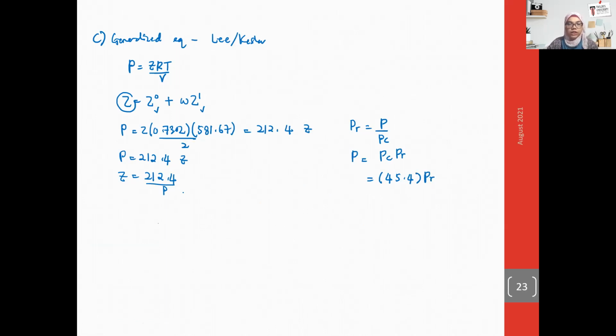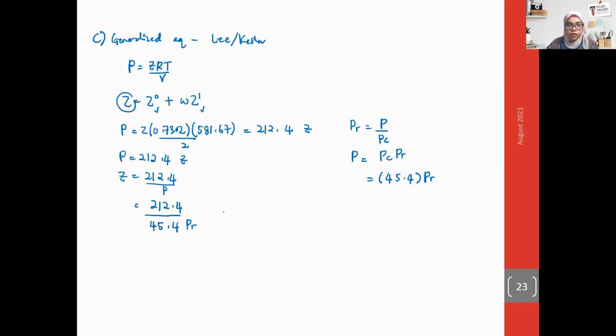So we have Z equal to, because we know that we have the PR, put it into this, so we can have P here, 212.4 over.